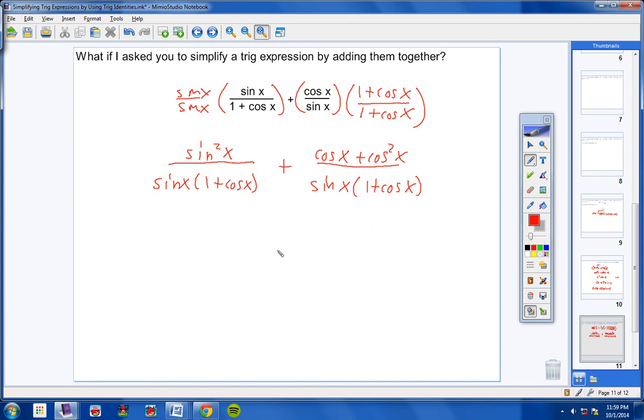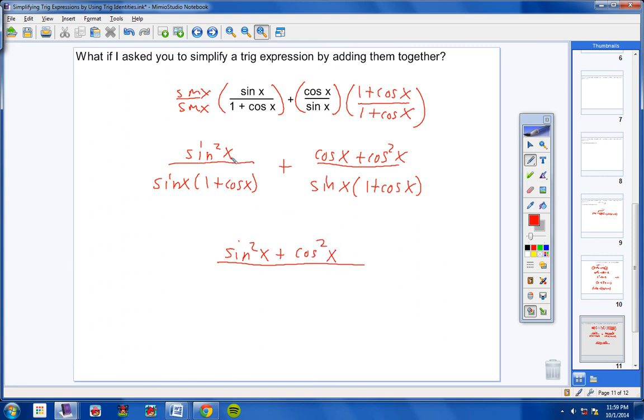Okay, there we go. Now, when you have a common denominator, put your two fractions together. Okay, so sine squared plus, and then look, students, learn to think ahead. You are more than welcome to put plus cosine x plus cosine squared. But think about it. Doesn't it make sense that we probably want to put the sine squared and the cosine squared side by side?